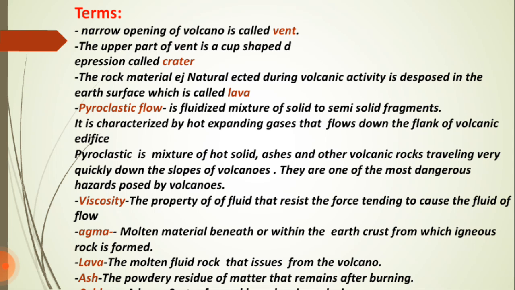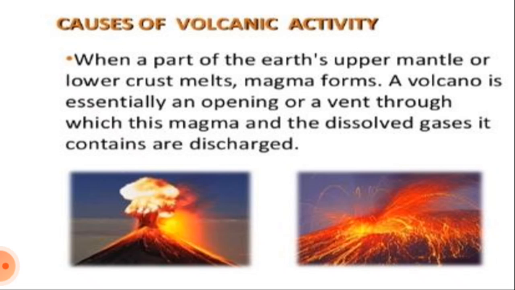Lava is the molten fluid rock that issues from the volcano, and which is under the earth is called magma, and the thing which comes out is called lava. Ash is the powdery residue of material that remains after burning. When lava burns inside, all burning, then ashes come outside, which is called ash.